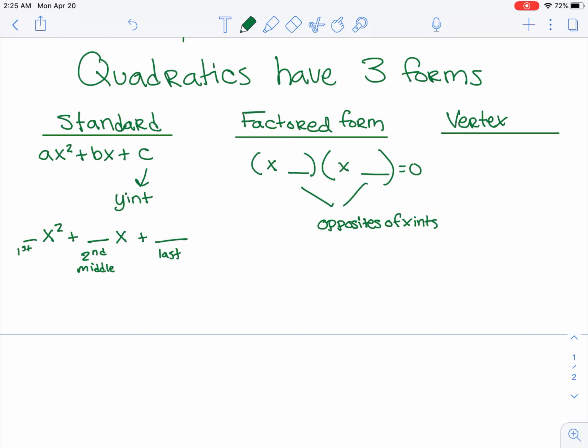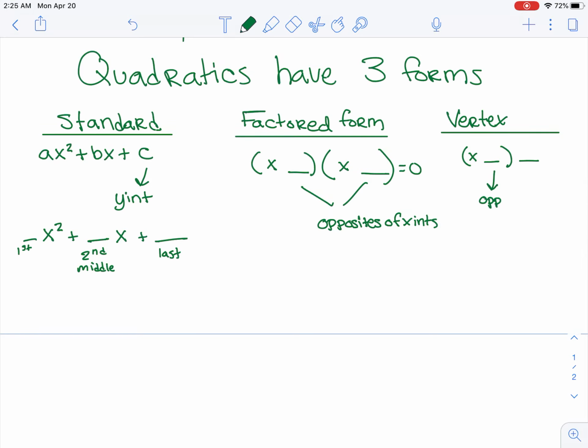It can get a little more complicated when we put a number in front of the x, but we've talked about that, and when we come upon it, I'll talk about it again. Then we have our vertex form, which I write like this, where that first piece is the opposite x, and that last piece is the same y of your vertex. It's called vertex form because it gives you your vertex point.